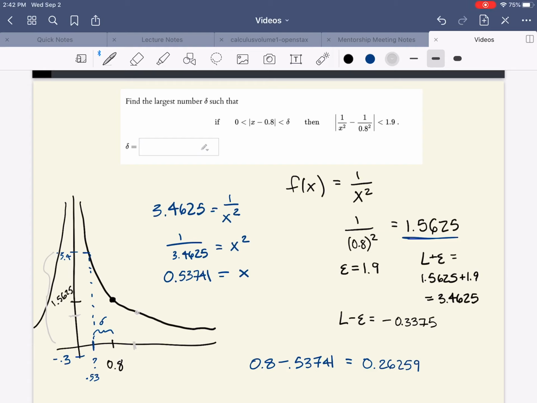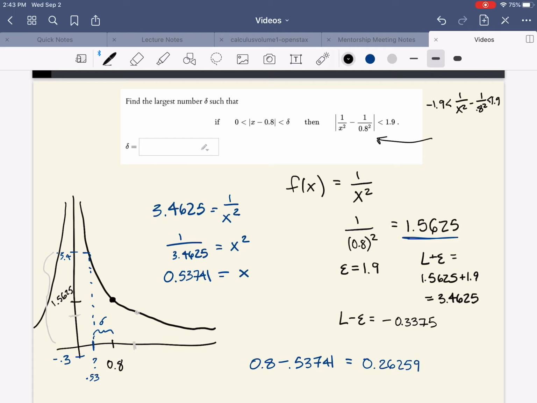Now, the one thing I want to show you is a different way of looking at this. So I've seen a lot of students try to solve this for x, and that is a good method in these cases, to think about, oh, I want this value to be between negative 1.9 and 1.9. Why? Well, because it's the absolute value. And then pull this stuff around.